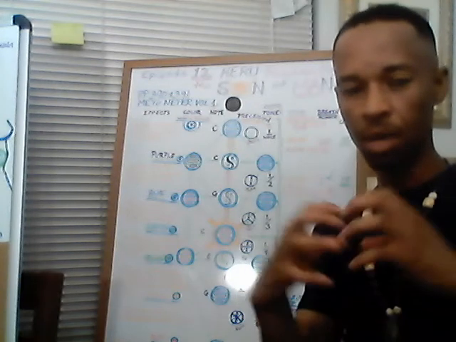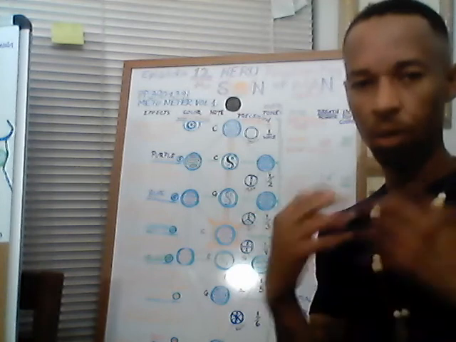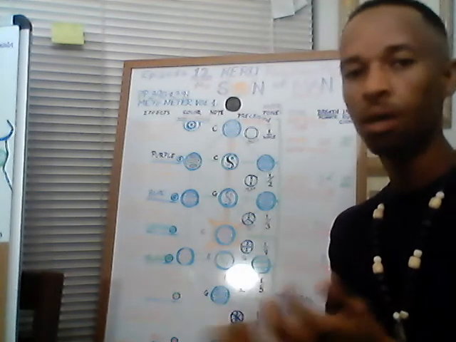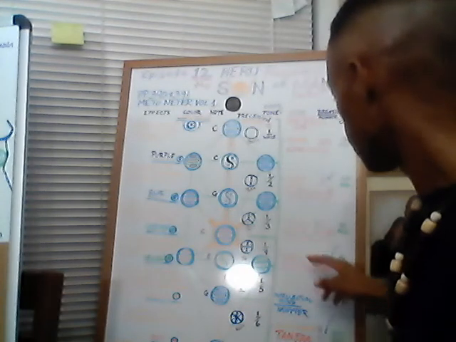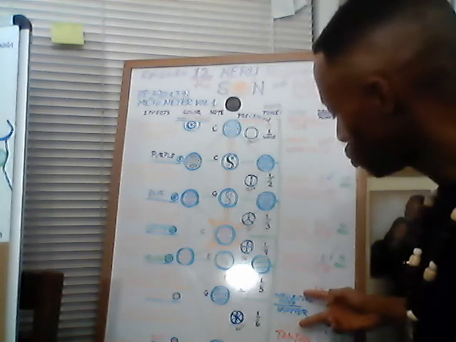When you have the balance of both hemispheres, then you can get a full picture of the information that you're trying to absorb.